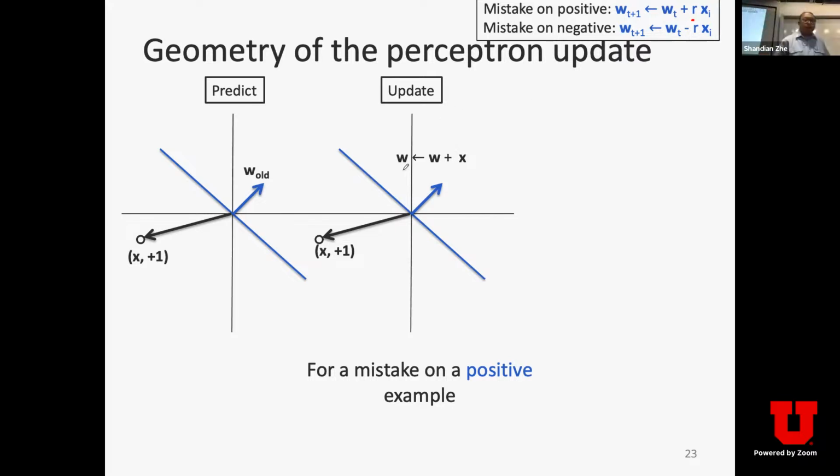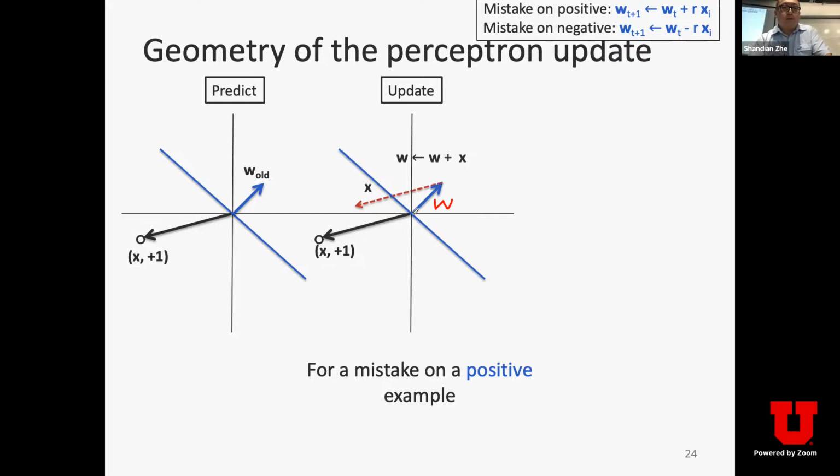Let's see if we add X to W, how our classification hyperplane changes. Geometrically, if we want to add one vector to another vector, we move the second vector in parallel so that the starting of the second vector overlaps with the end of the first vector.